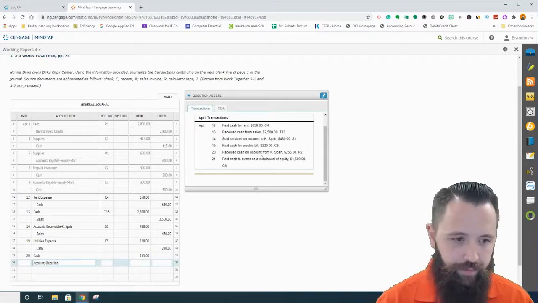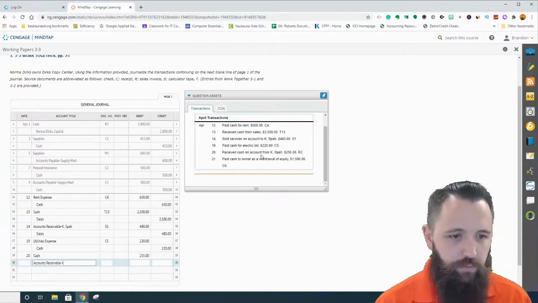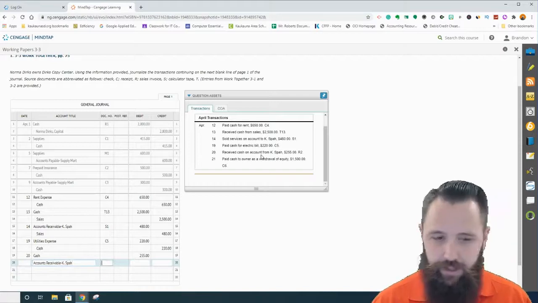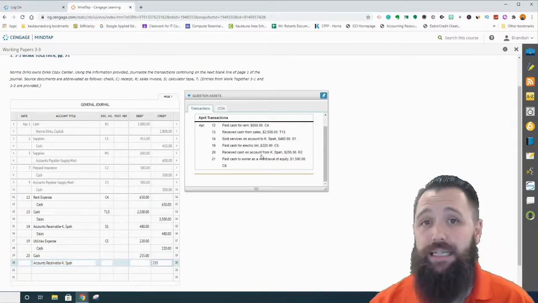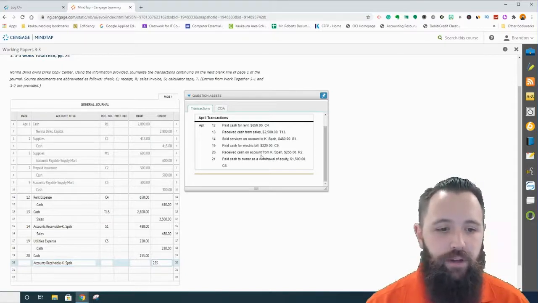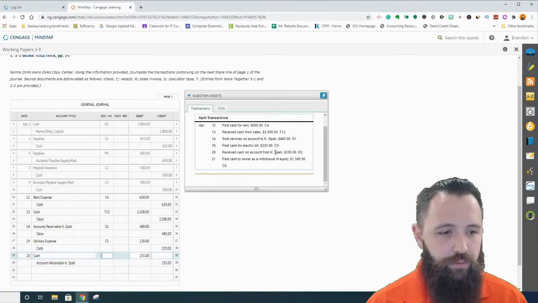Put that in. And now that accounts receivable needs to go down because K-Spa owes us less money because they just paid us. And our source document is R2.